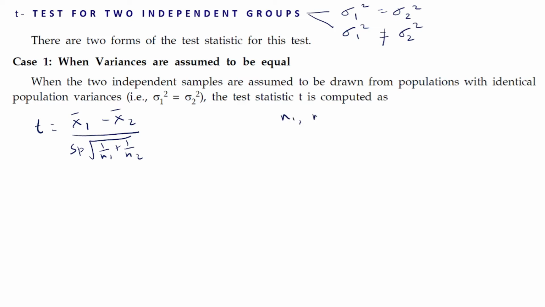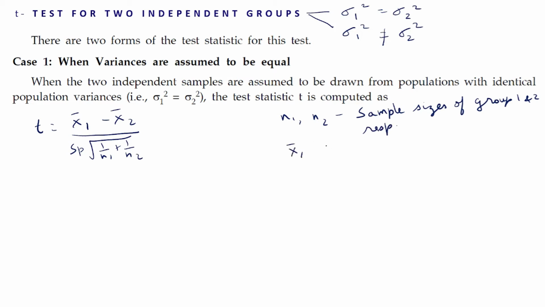Here n1 and n2 are the sample sizes of group 1 and group 2 respectively.